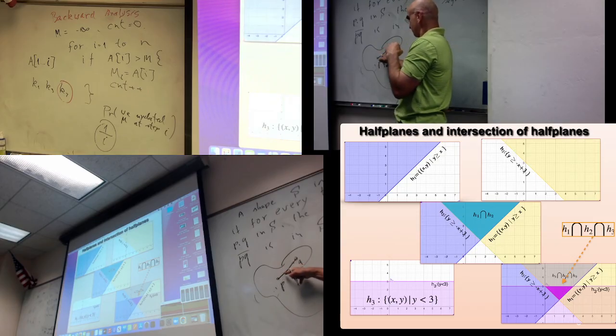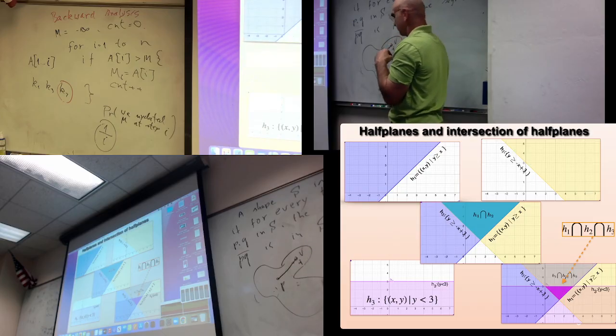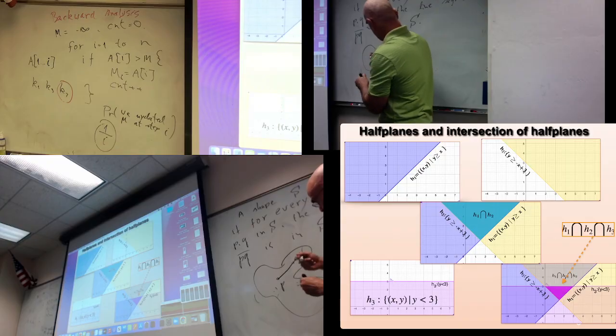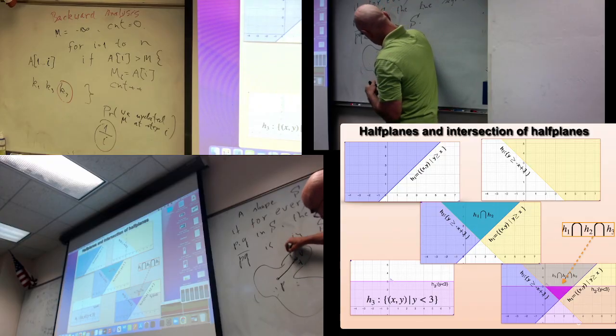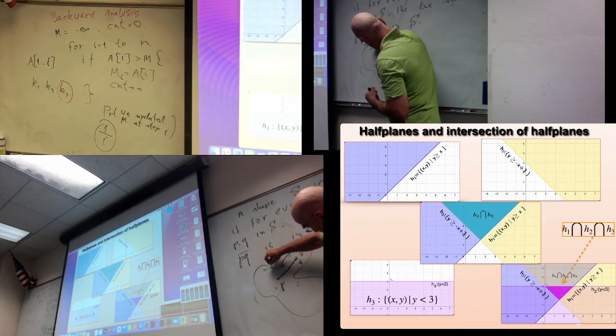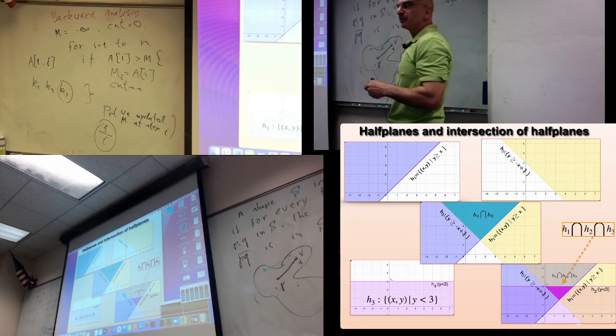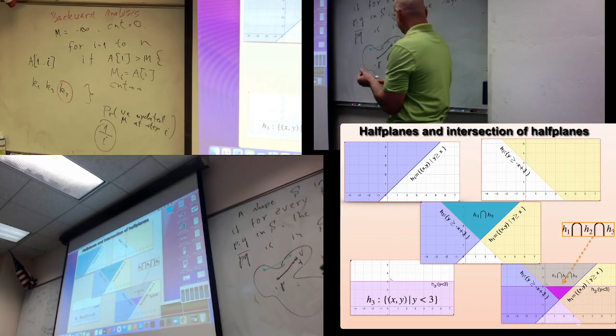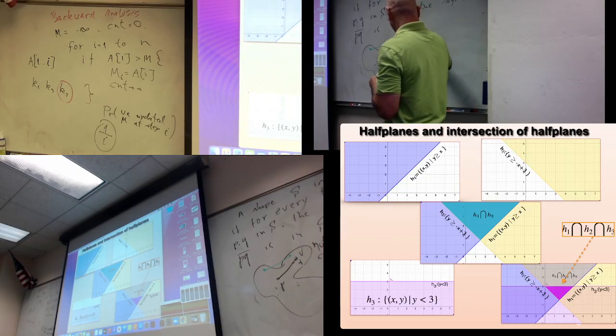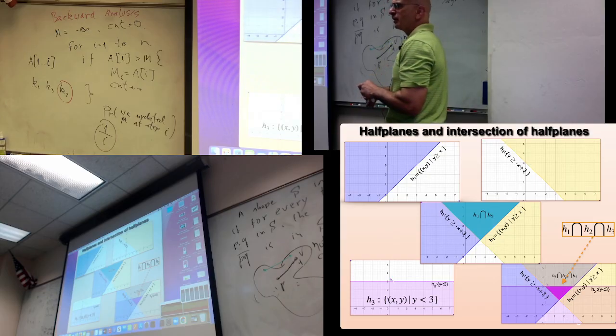So this segment is completely inside S, so check mark, it's fine. But if I pick this segment between these two points, I'm outside the shape. Not good. So this is not convex. By the way, it doesn't make it concave.